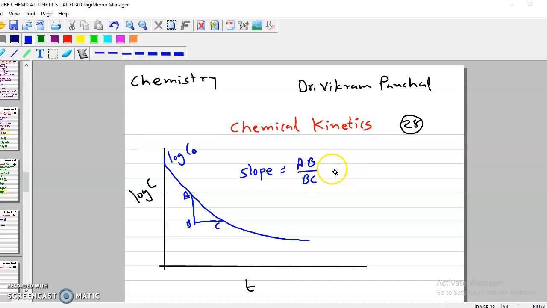Okay, and that is equal to minus k upon 2.303, and therefore k is equal to 2.303 into minus AB upon BC. So this way, if you know the slope, you can find out the rate constant k. Okay, so this is all about the first order reaction integration rate law.